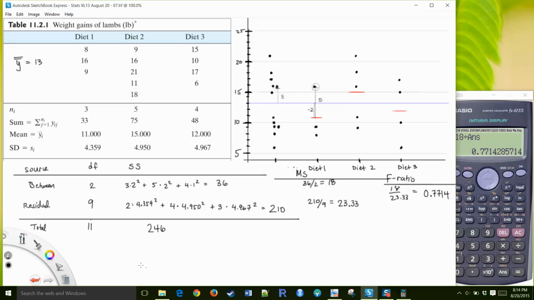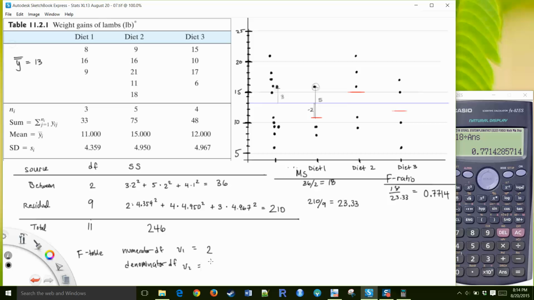The 5th edition of the textbook doesn't include any F tables, but the 4th edition does. So I'll show you what it looks like in our F tables here. This is what it looks like in the 4th edition textbook, where they actually included the table, and in the 5th edition they don't.